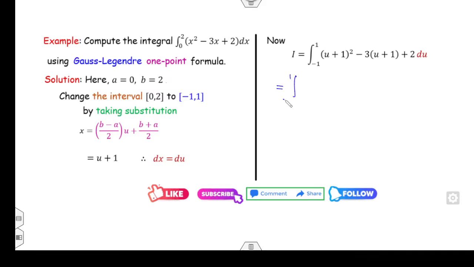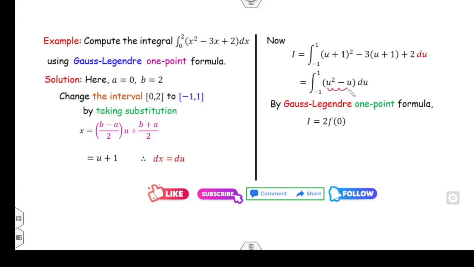Now you can solve this a little bit. I can open this bracket, a square plus b square plus 2ab, minus 3u, minus 3, plus 2. Now you can see that 1 plus 2, 3 will be cancelled. 1, 2 minus 1 is u square minus u. Now u square minus u will be your f.